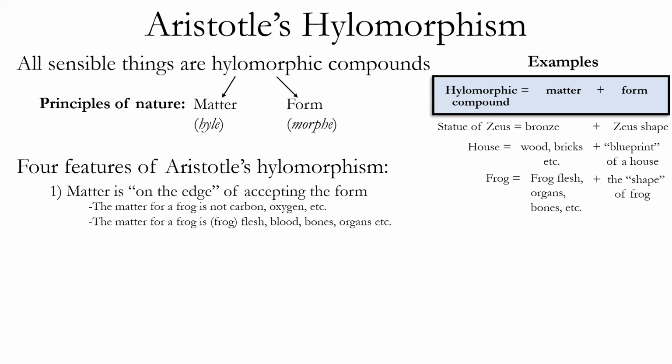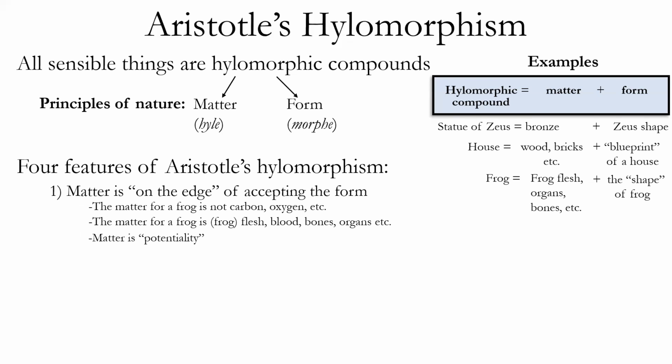They are not keyed to being a frog. The matter for a frog is going to be the specific kinds of things that frogs in particular are made out of. That's going to be frog flesh, frog blood, frog bones, and so on.